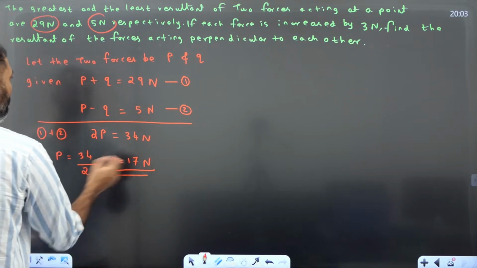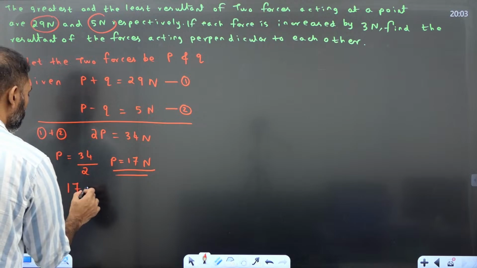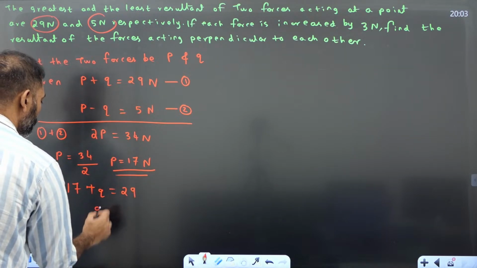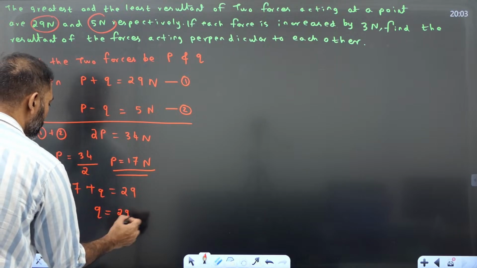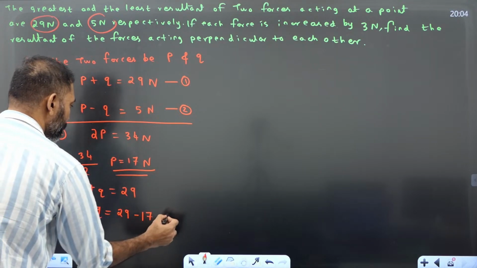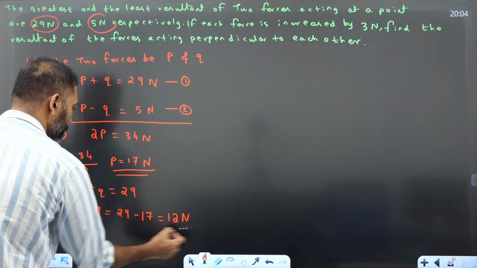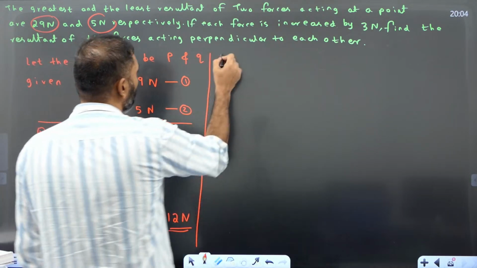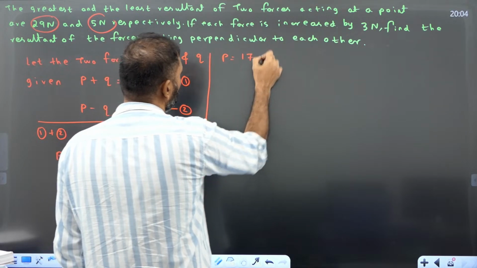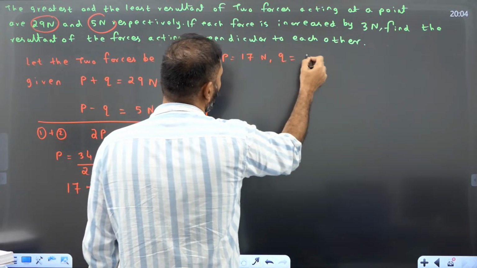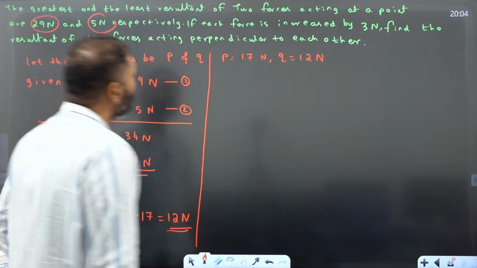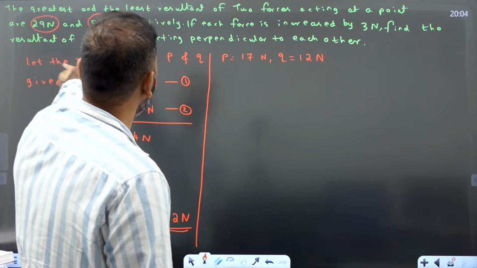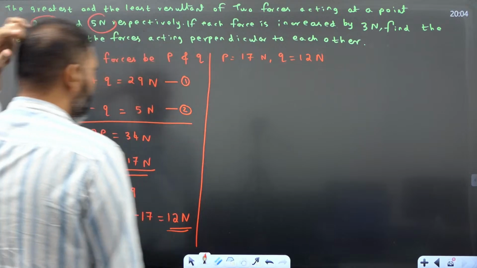Now 17 plus Q is equal to 29, so Q is equal to 29 minus 17, which is 12 Newton. So P equal to 17 Newton and Q equal to 12 Newton. You can check that. 17 plus 12 is 29, the maximum resultant. 17 minus 12 is 5. So now it is okay.